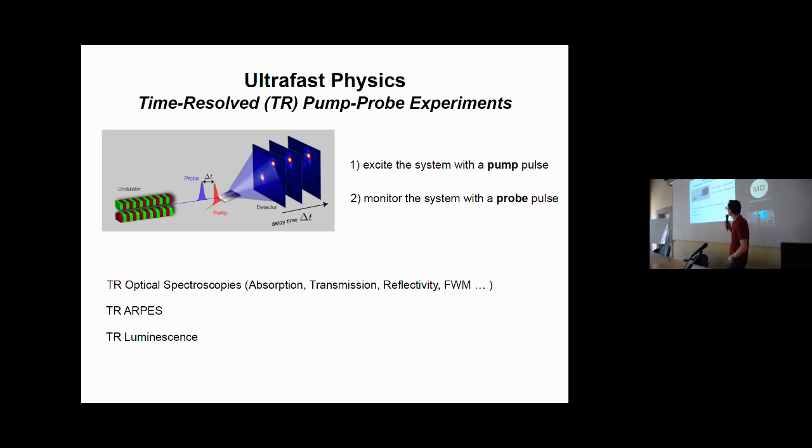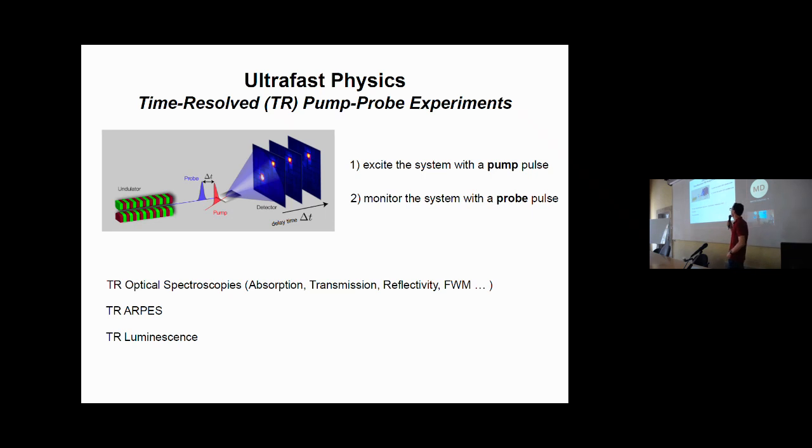Now, in this situation, the system is very unhappy because there is a large excess of energy, and this excess of energy initiates a complex dynamics of electrons and nuclei that want to relax this excess of energy. Fortunately, from the experimental point of view, we have many methods to monitor the evolution of the system in real time.